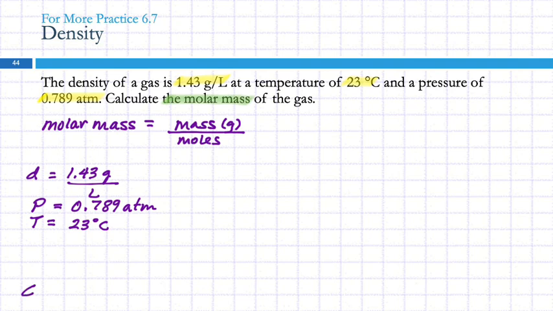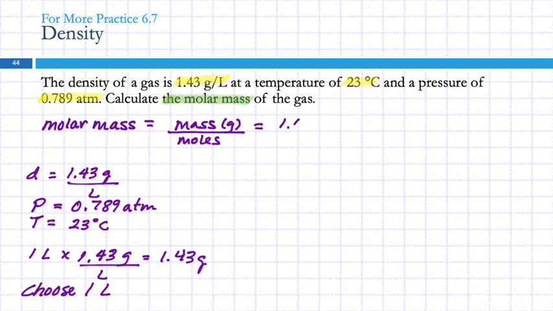So I'm just going to choose 1 liter of gas. So 1 liter, I'm going to use the density to calculate the mass. So the mass is 1.43 grams.